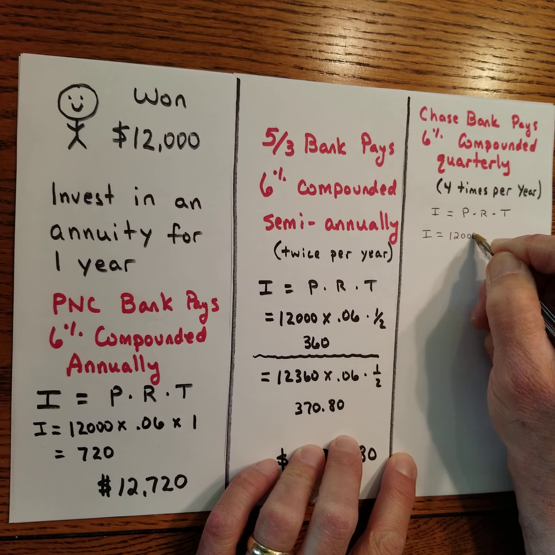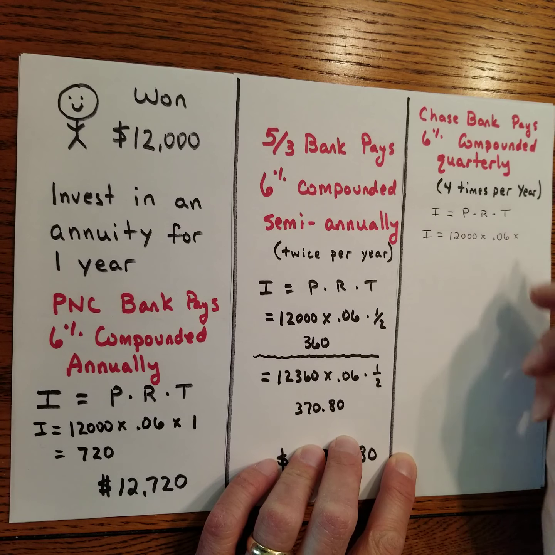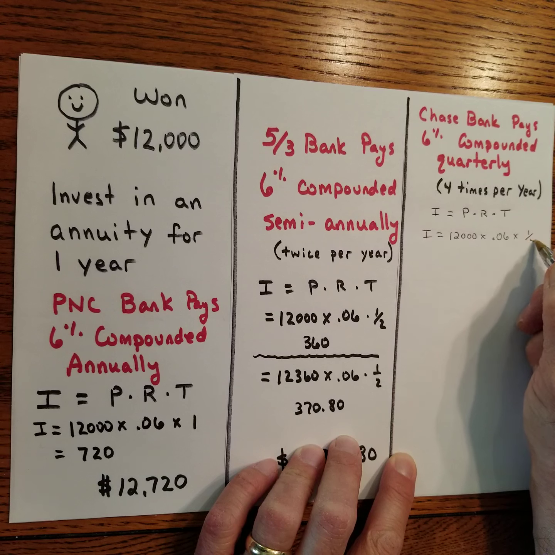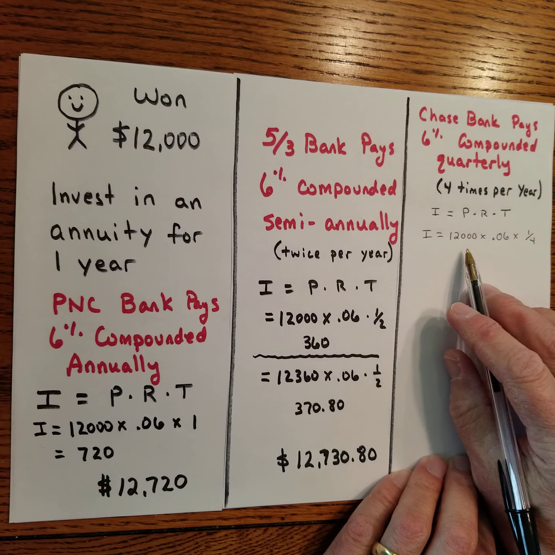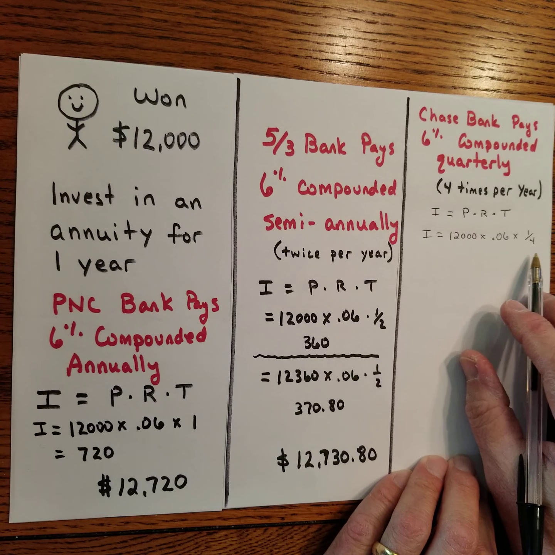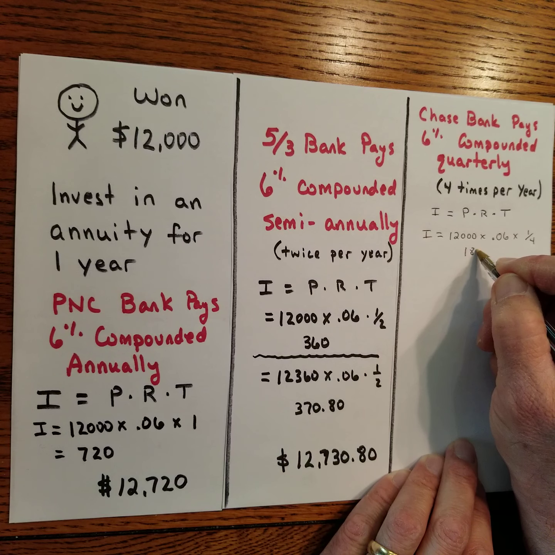You put your $12,000 in at 6% interest. And 3 months later, 1/4 of a year later, they compound your interest for you. If you multiply 12,000 times 0.06 and divide by 4, you get $180.